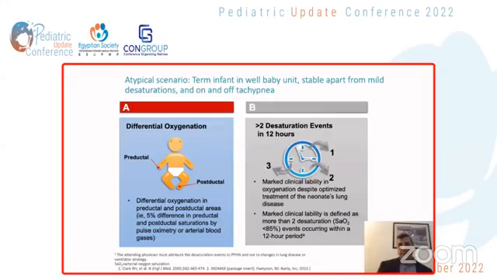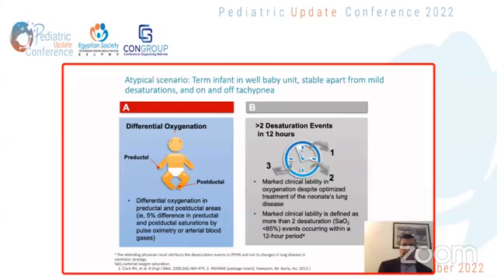We have this atypical scenario: a term infant in the well baby unit, stable apart from mild on and off desaturations and mild tachypnea. To differentiate lung-related desaturation from pulmonary hypertension, you need to keep in mind two things.